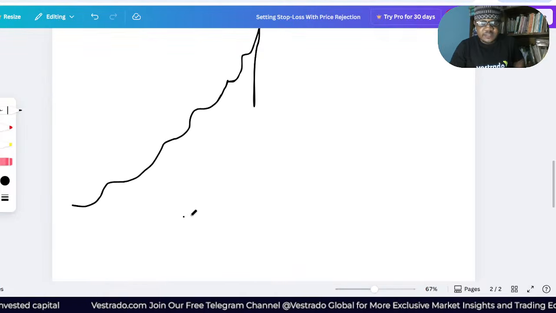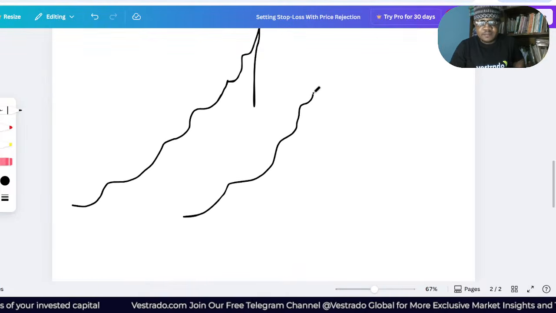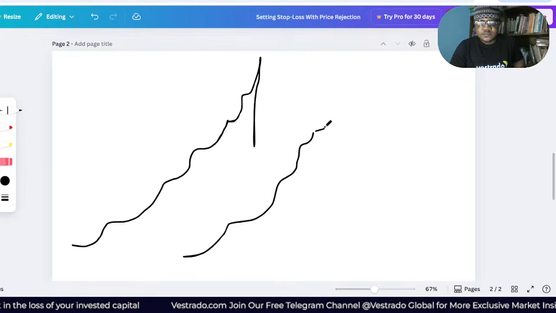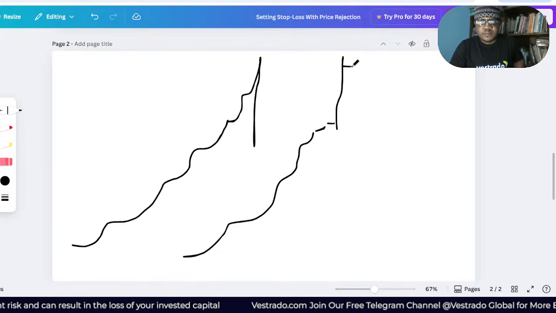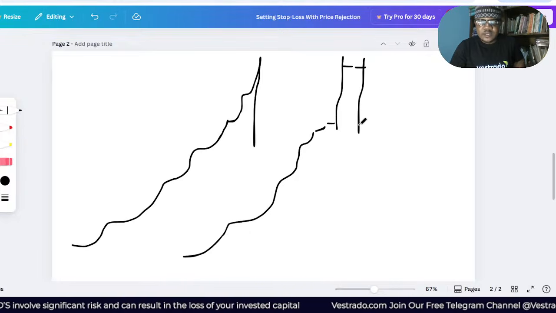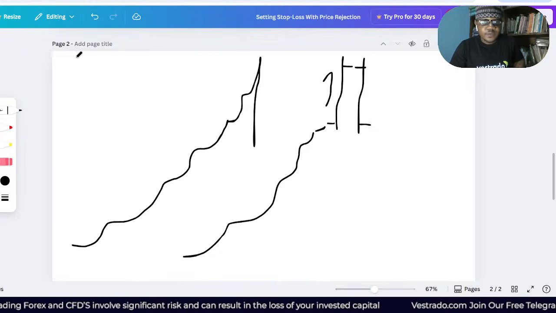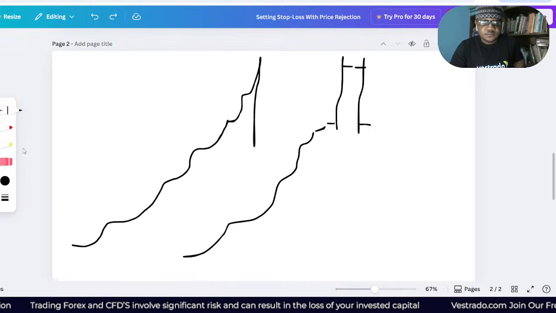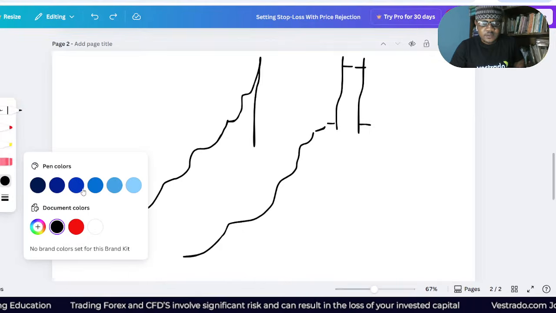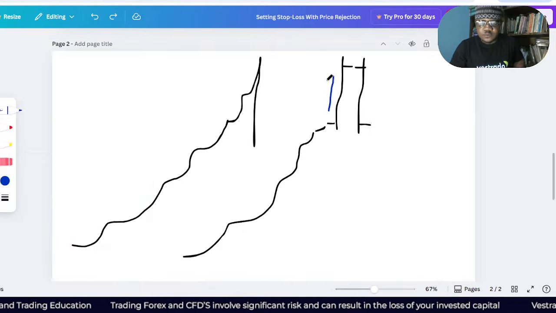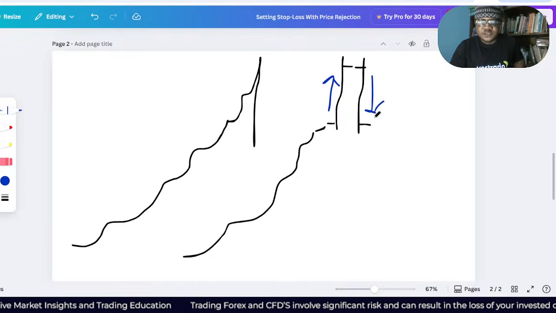Say you get a nice long bull candle, and then you have a bear of about the same length.